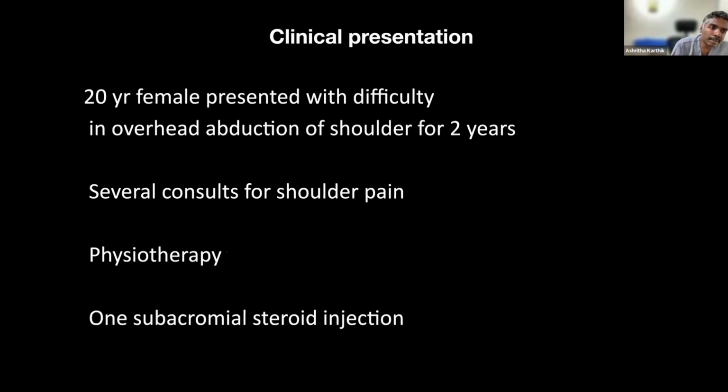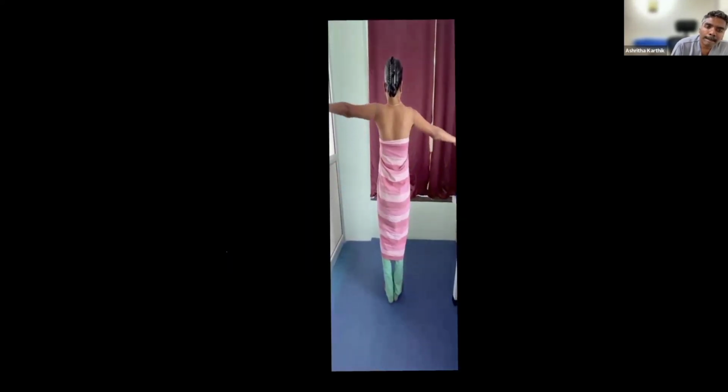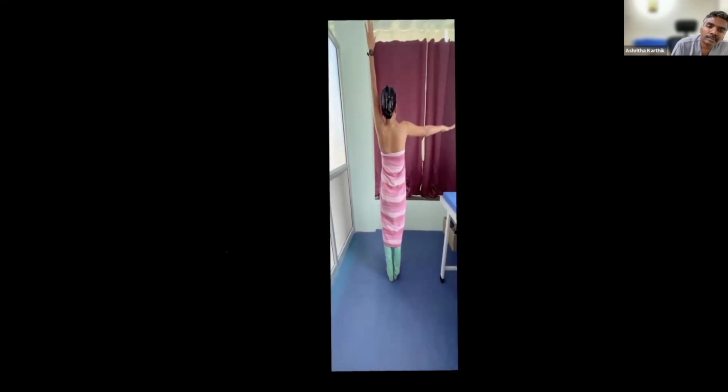So this is a patient, a 20-year-old female, with difficulty in overhead abduction, several consults for shoulder pain, physiotherapy, and a subacromial steroid injection. This is the patient. That's the range she has.